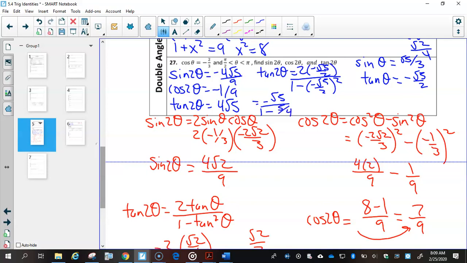Get common denominators, combine the fractions. When I actually combine those, I get negative root 5 over 1/4. And then I still have fractions within fractions. So I'm going to multiply this by its reciprocal.